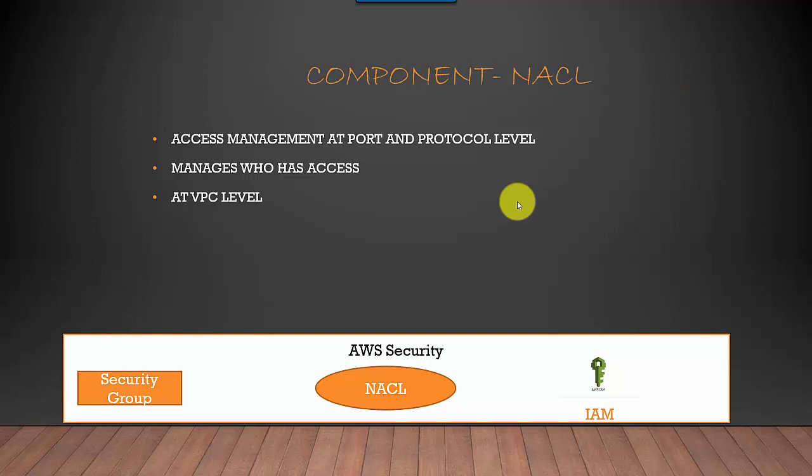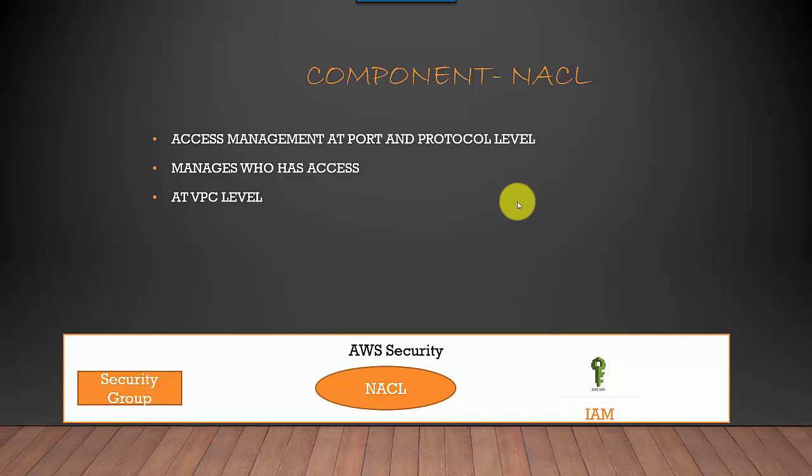And then you've got NACL. NACL is essentially, you can liken it to a firewall, where you say, hey, these are the rules to access a subnet. So think of a subnet as a small group of computers in your VPC. We will explore VPC as we go along, but think of, let's say, your whole data center as the VPC, and inside that you've defined subnets.